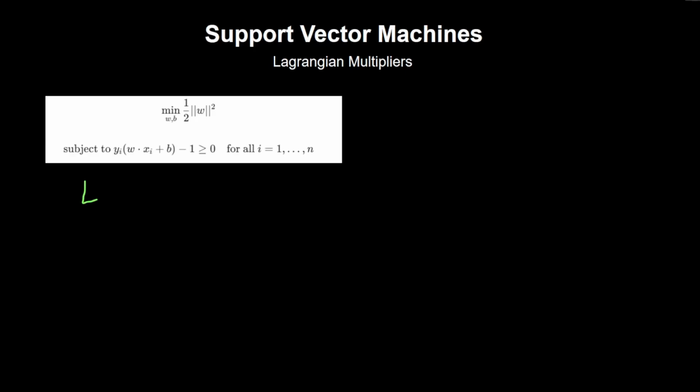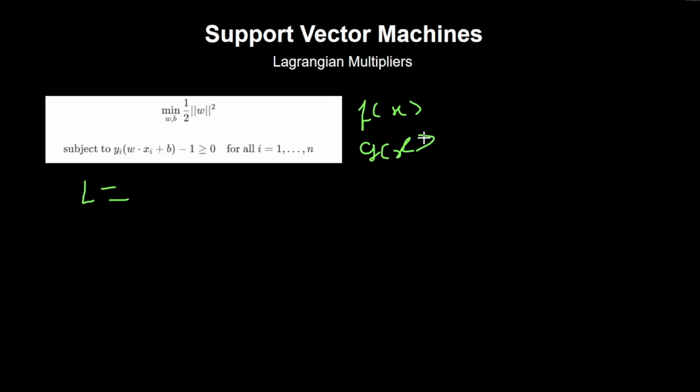As I said, the new function is the Lagrangian function. Let's say we have an original function f of x. This can be any function which we need to optimize. Here it is this one. And let's say we have another function g of x, which is nothing but the constraint function. Here this is the constraint function, but for generalization, let's keep it as g of x.